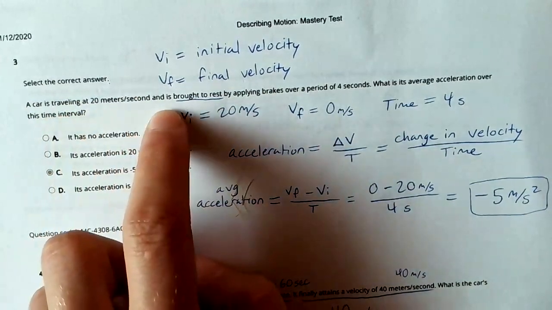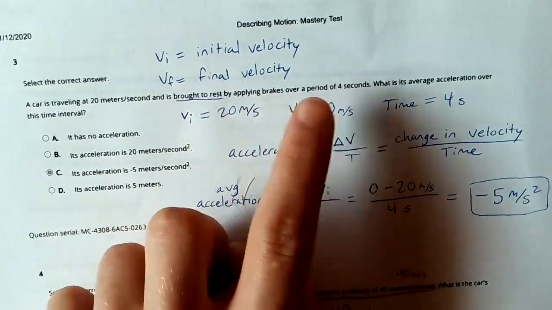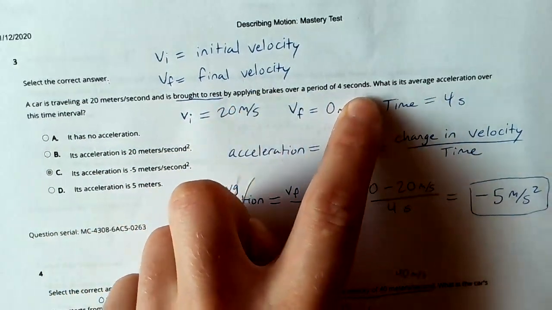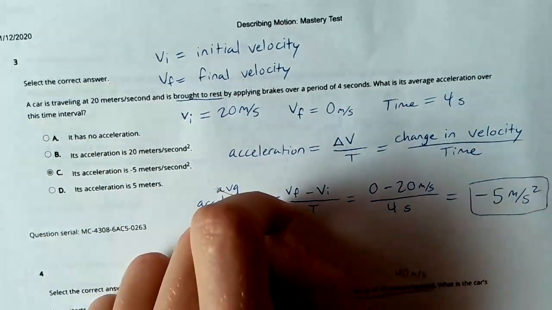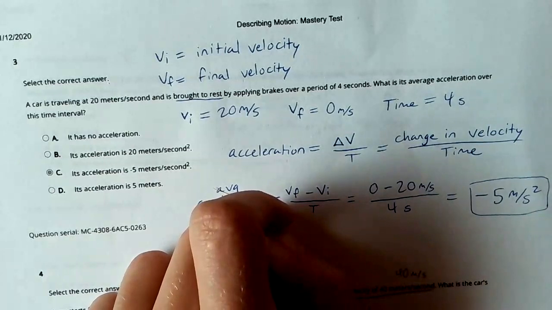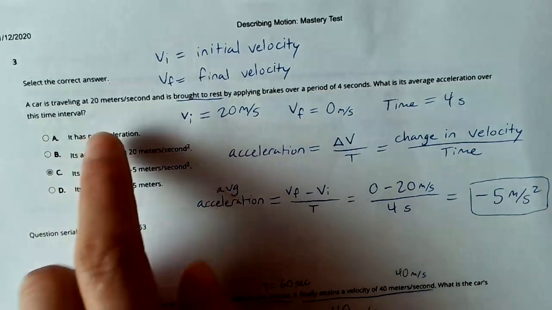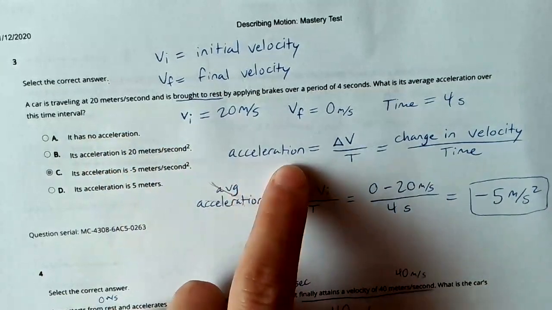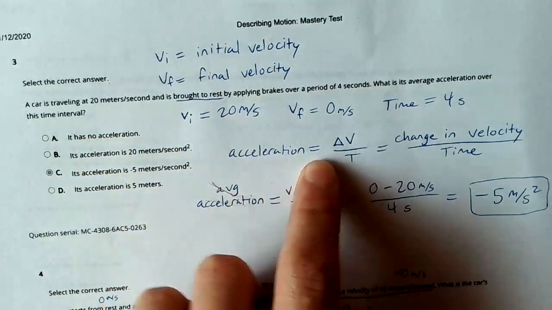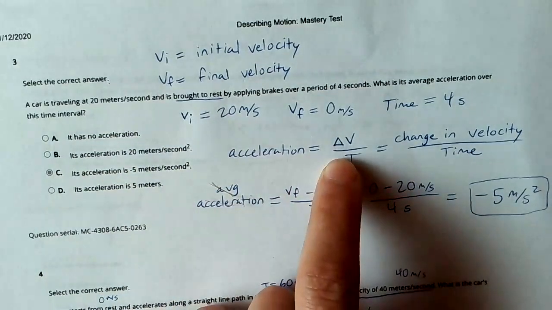So it's traveling at 20 meters per second, brought to rest by applying brakes over a period of 4 seconds. It was going 20 meters per second. They hit the brakes. 4 seconds later, it stops, okay? What is its average acceleration over the time interval? Now, acceleration equals the change in velocity divided by time.